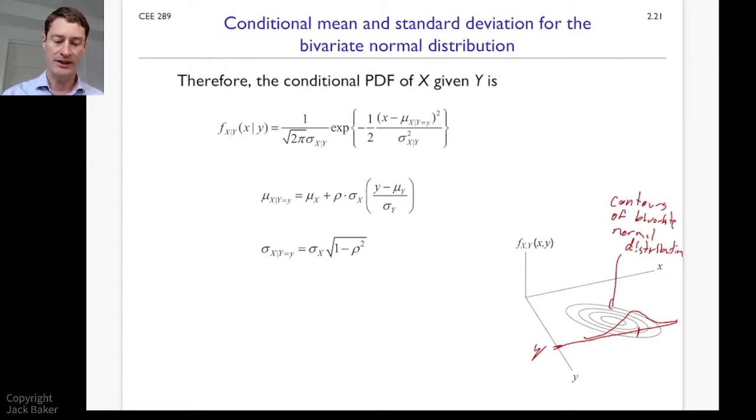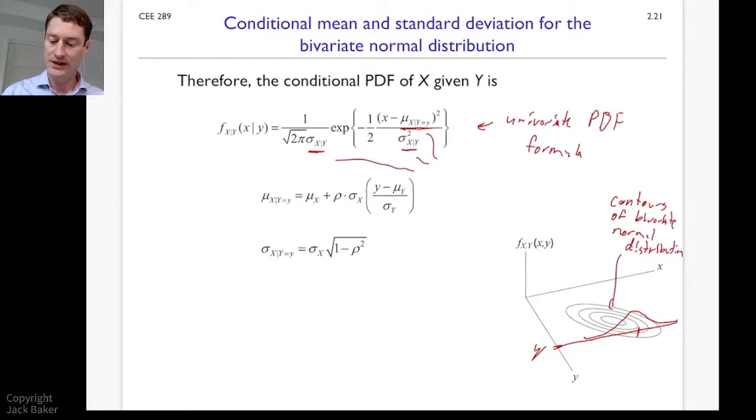All right, so I just take the univariate PDF formula. We know it's normally distributed, so we can still use that same PDF formula. But rather than substitute in our regular means and standard deviations, we're going to substitute in these conditional means and standard deviations that are given below.